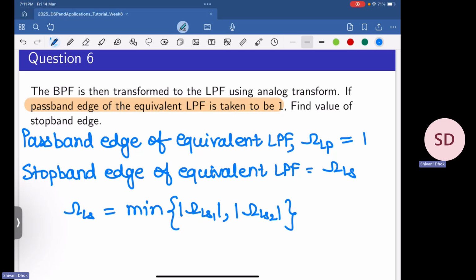These omega ls1 and omega ls2 are the analog transformed frequencies for the two stop band edges that we have.